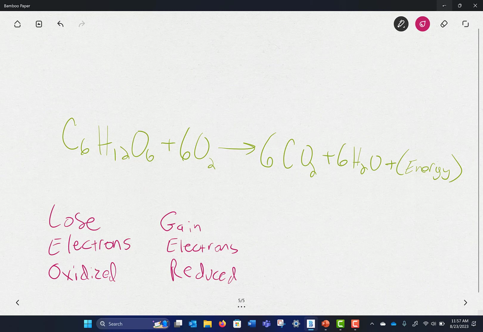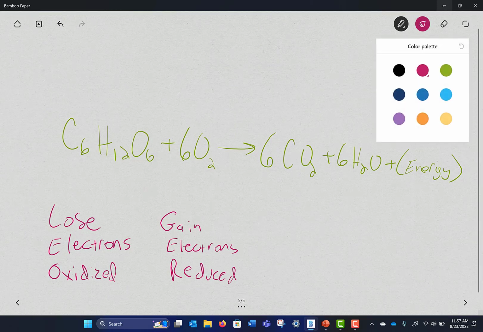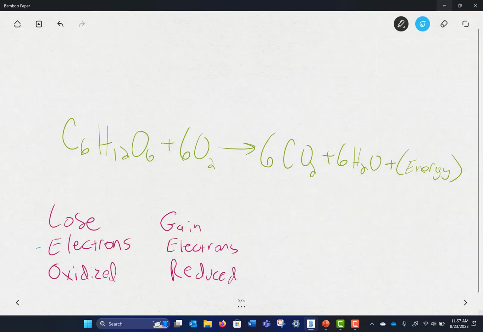But luckily, in biology, we have a little bit of a cheat. We can take the word electron and replace it with the word hydrogen. This does not work in chemistry, but in biology, it works for us.